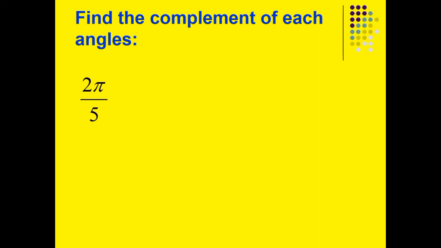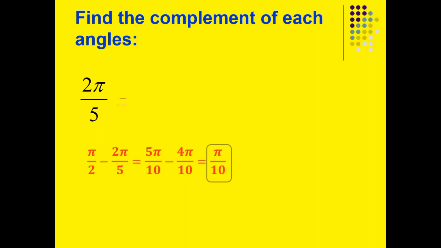Okay, find the complement of each angle. As we know, the value of 2 pi is equivalent to 360, so we come up with 72 degrees.